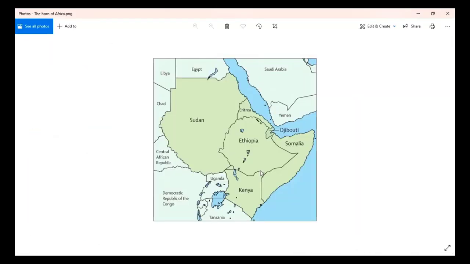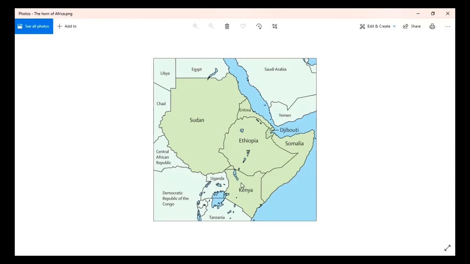So again, we can see from the figure or the map, Ethiopia is found within the Horn of Africa. This is the Horn of African countries, and southwest of Arabian Peninsula. This is the Arabian Peninsula, so Ethiopia is found southwest of Arabian Peninsula and south of Europe.